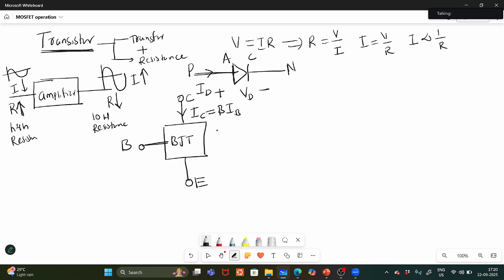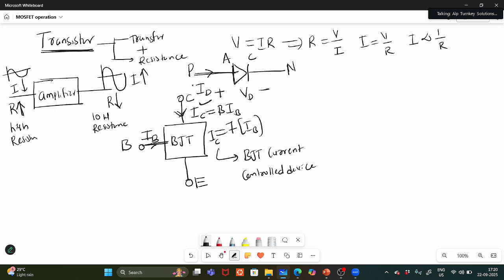So the collector current is a function of the base current. So BJT is a current controlled device. Current controlled device means that by varying the input current, which is the base current, I am varying the output current.